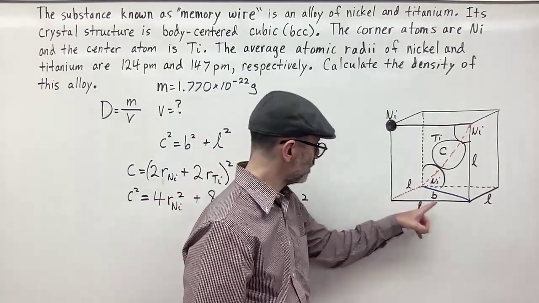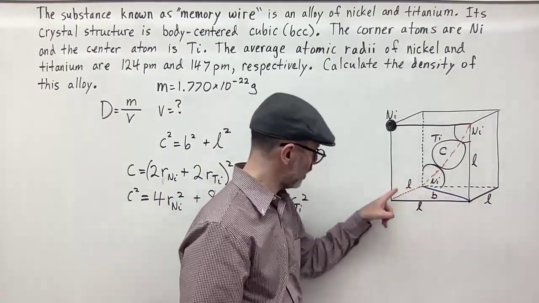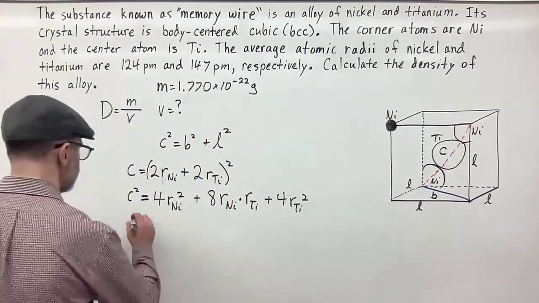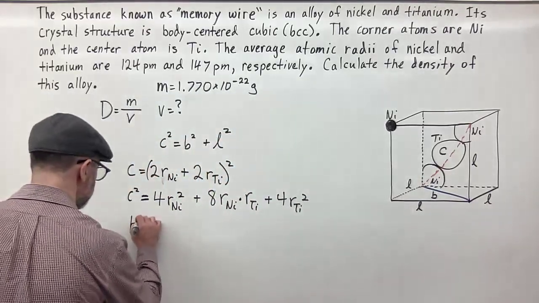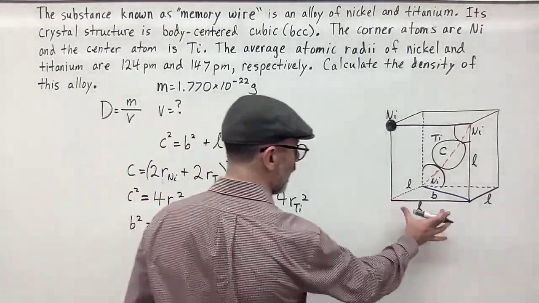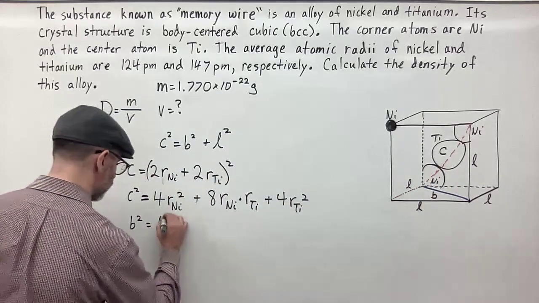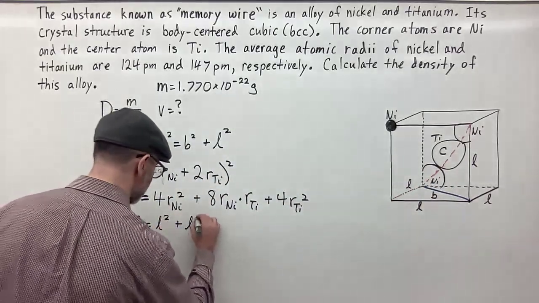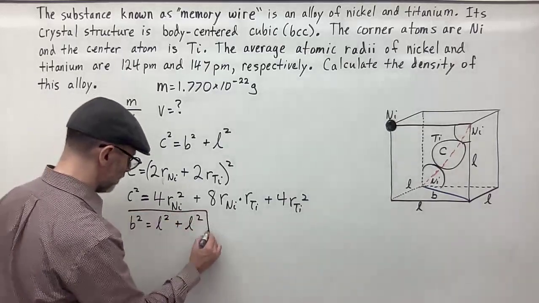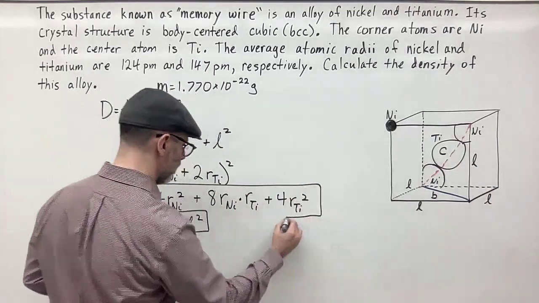And the b here would be the hypotenuse of this triangle here. So we can use that for b. So b squared is going to be equal to L squared plus L squared.